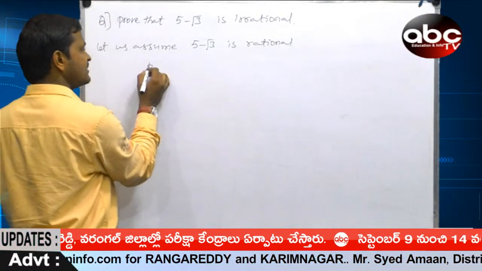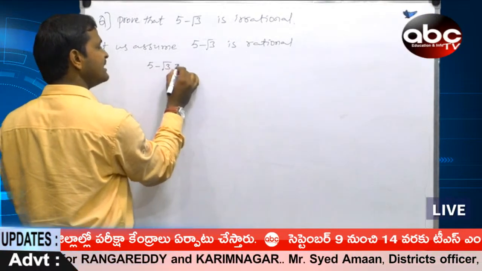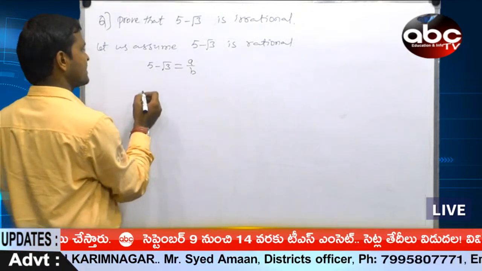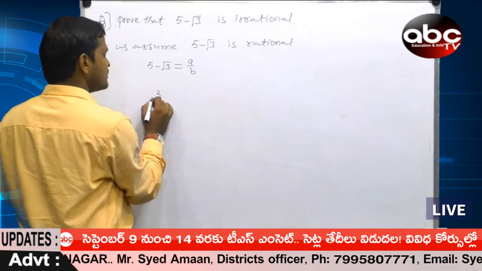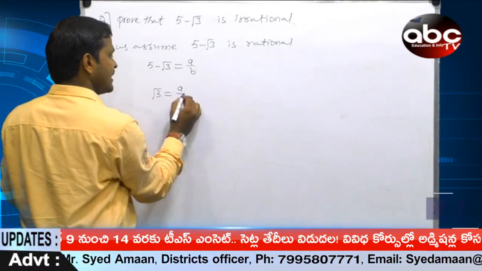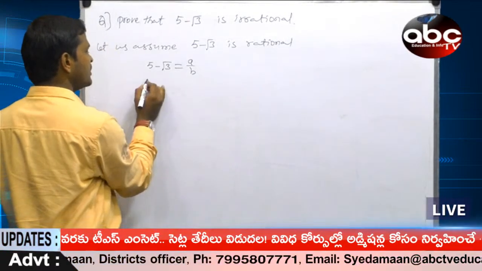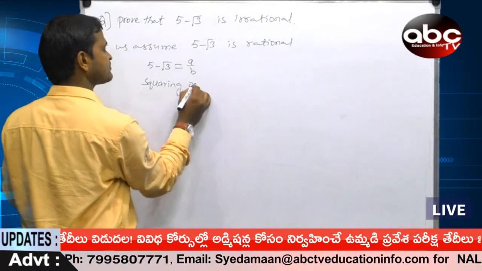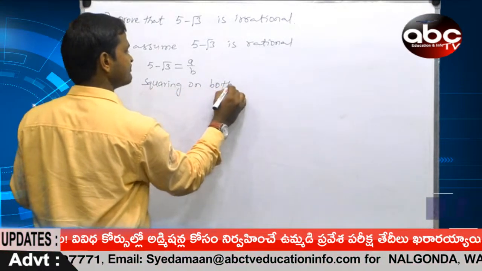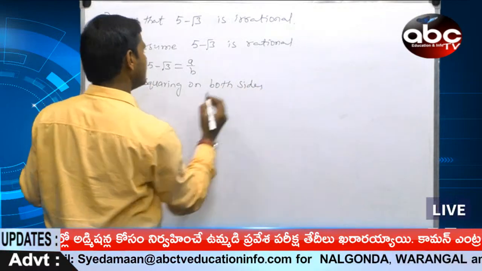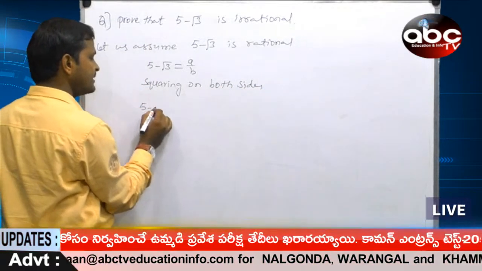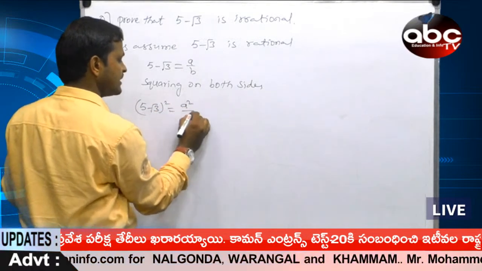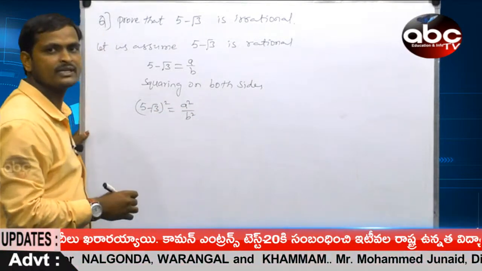That means 5 minus root 3 is equal to a by b. Now squaring on both sides. 5 minus root 3 whole square is equal to a square by b square.